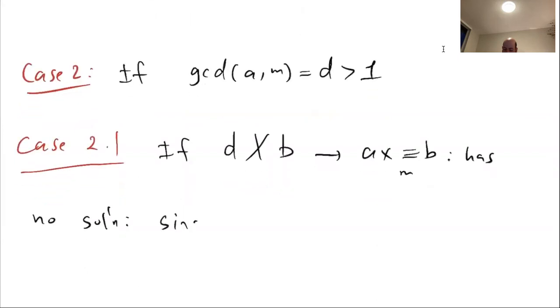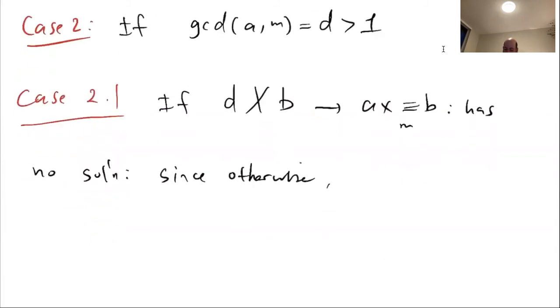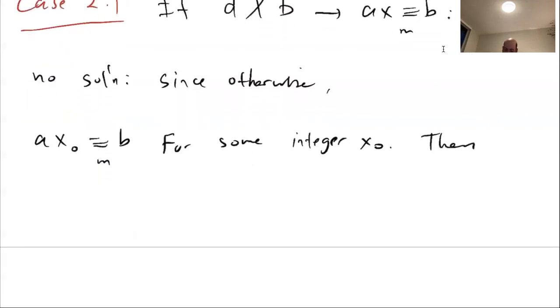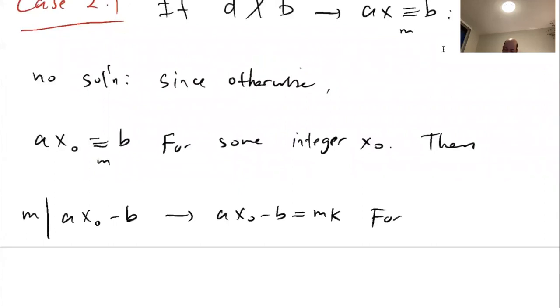Since otherwise, if this has a solution, then let's say AX0 is equal to B mod M for some integer x0, then what can I say? Then I can say that M divides AX0 minus B, which means AX0 minus B equals MK for some integer K.